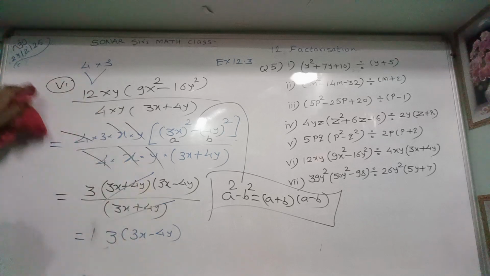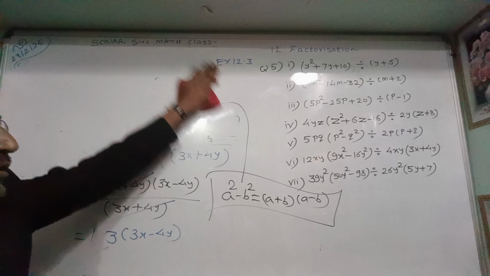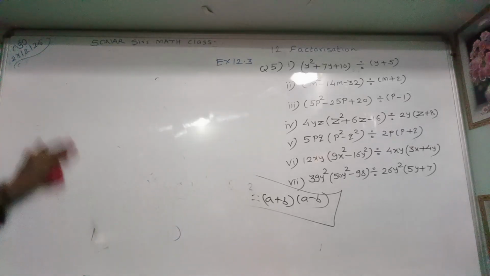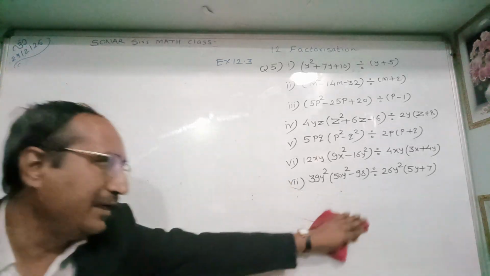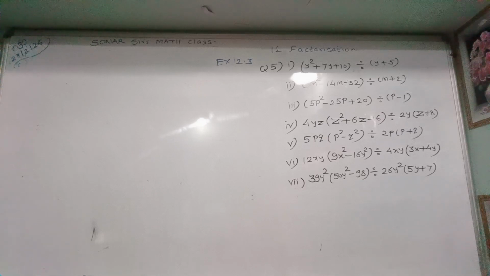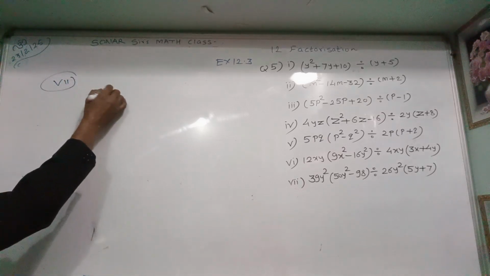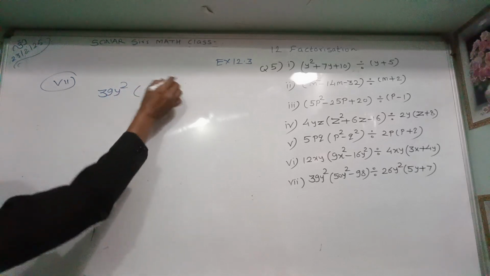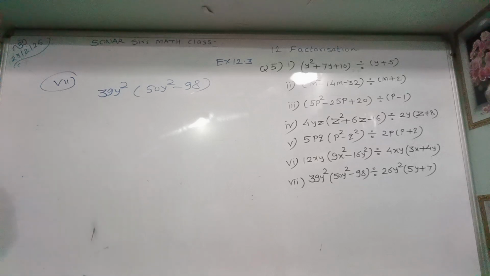Let's go for the last question, which is the 7th sub question for the division. Now in the 7th question again there is an identity plus the common-taking rule. So in the 7th question, see, 39y square is there in bracket 50y square minus 98.